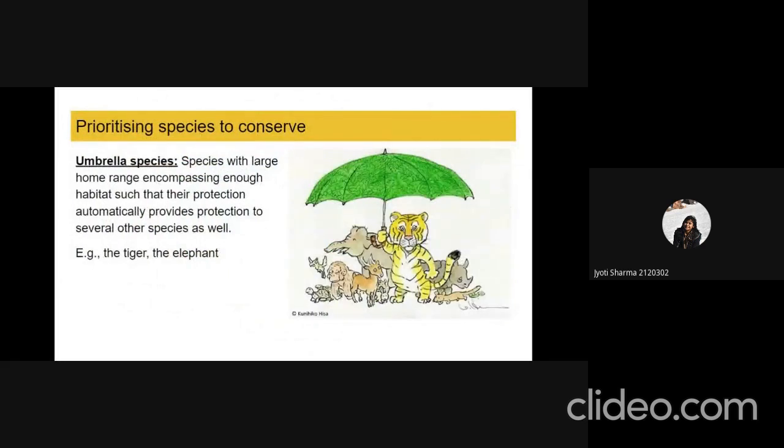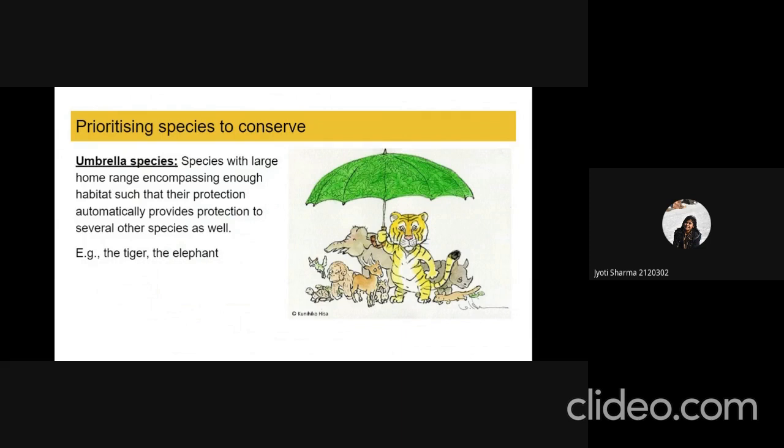Then we have the umbrella species. For example, an elephant needs a large area of more than one hectare to survive, because it lives on grasses. If there are no grasses, it will move to the next place and eat the grasses, move on again, and eventually return to the initial place.